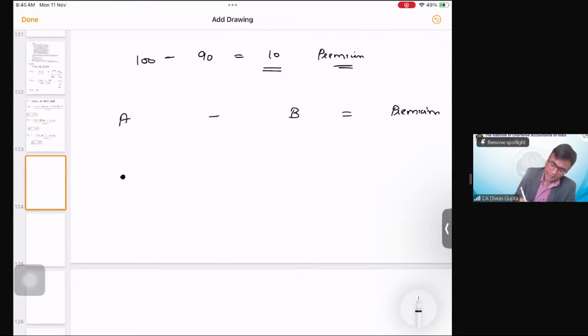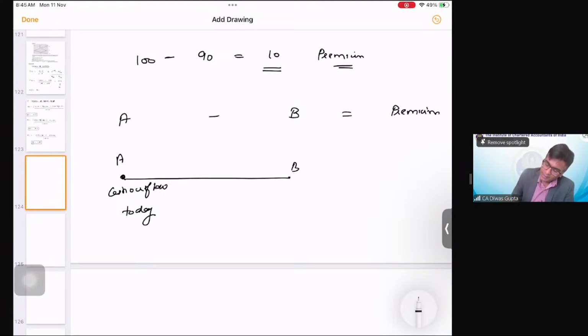If I have to explain like this, then A is equal to cash outflow today, right? And B will be, let's say, after 3 months, the cash inflow equal to strike price.